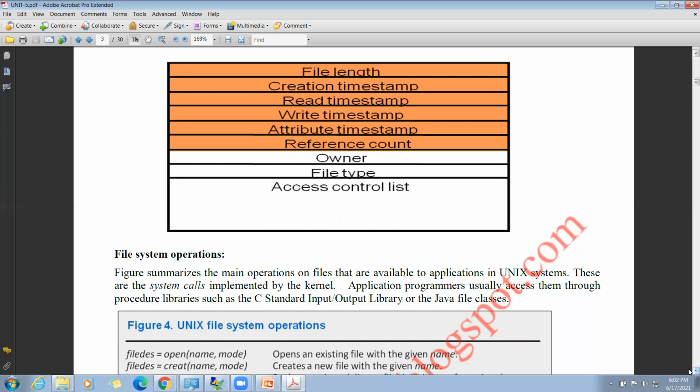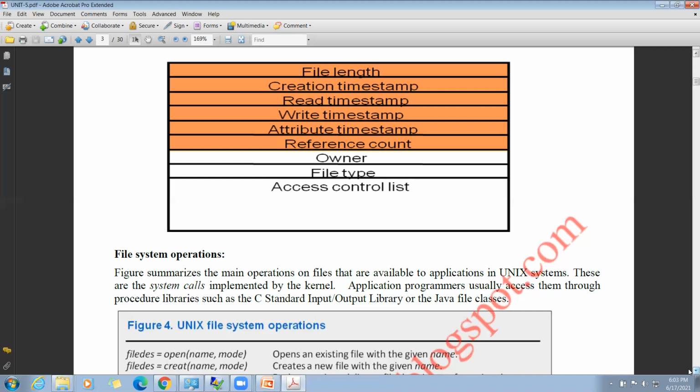Then the attribute timestamp, the reference count, meaning how many users have referred to this file, the owner of the file, the type of file, and the access control list. These all come into the file attributes category.